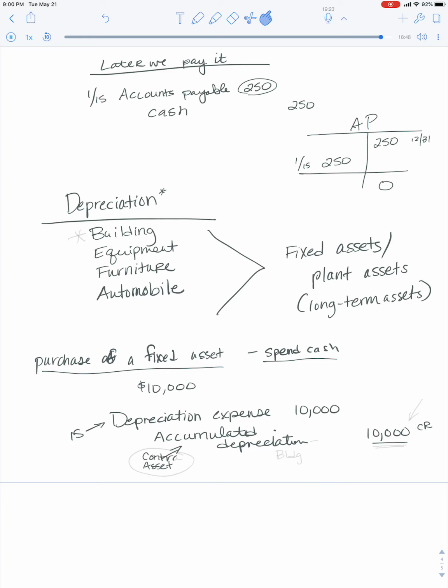So this account, let's say we were depreciating a building, would go right next to this asset on the books that has a debit balance. So the building itself would have the debit balance, and the depreciation of that building will be in an accumulated account called accumulated depreciation, and it'll hold a credit balance. Every year we will record this entry until it's fully expensed in depreciation expense.